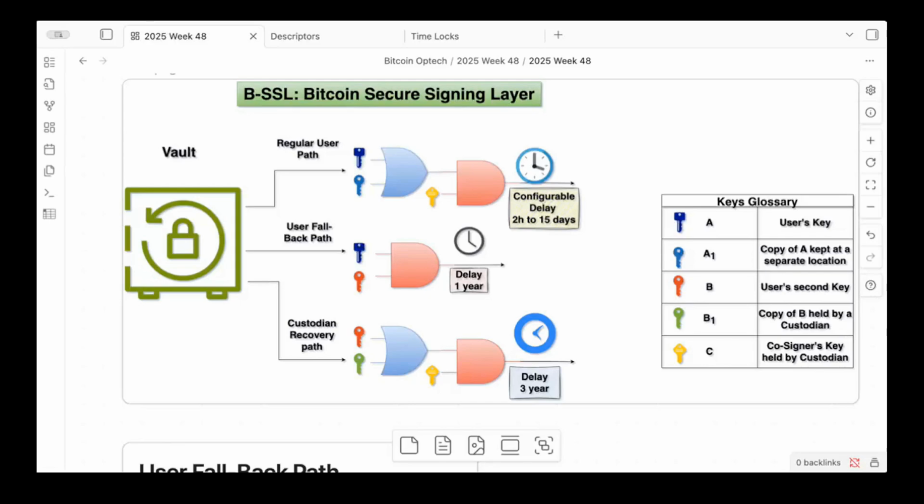Once you use any of these paths, this UTXO does not exist. This UTXO gets spent, and you'll have to move to a new UTXO. In that new UTXO, you can replicate the same vault, or it can be something else completely.